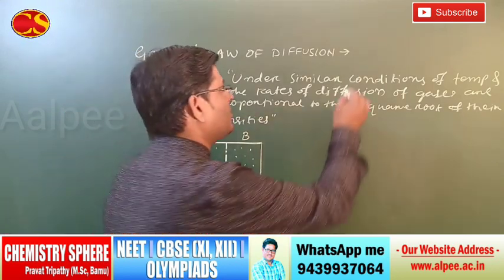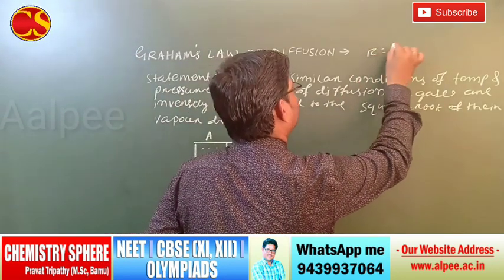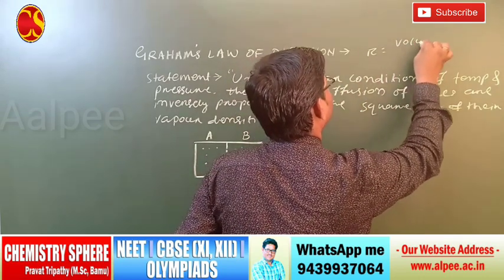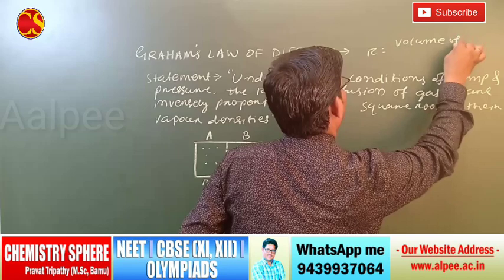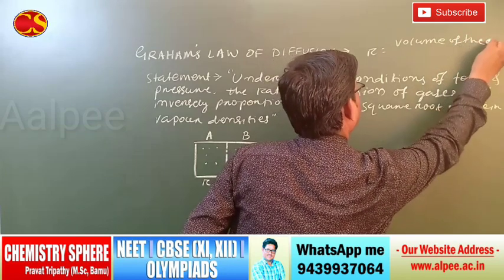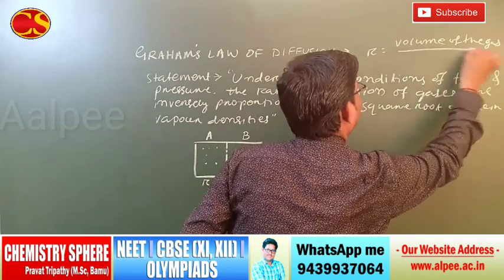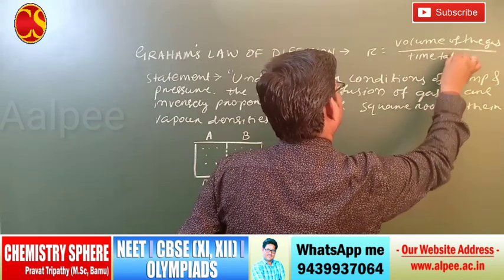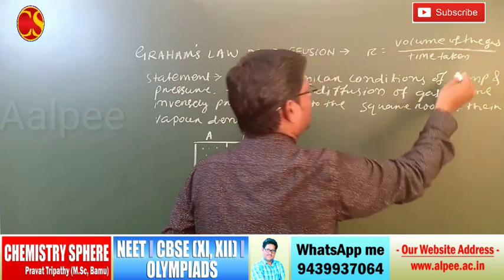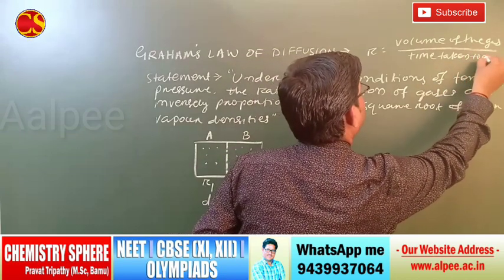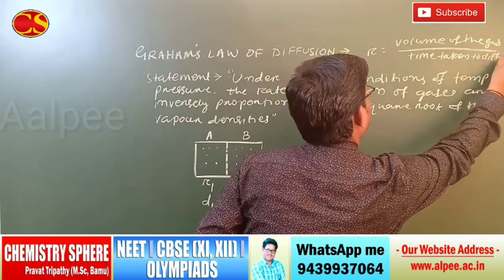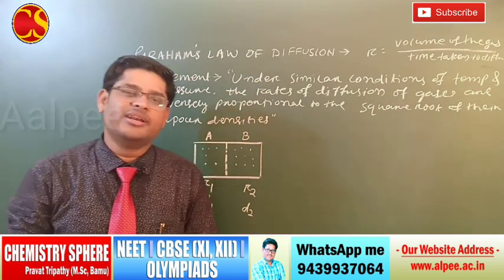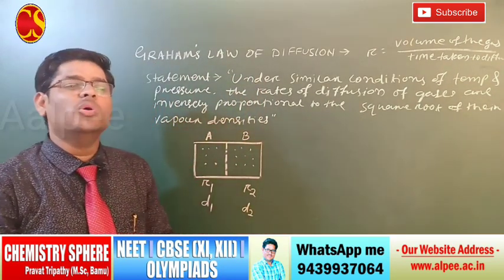Friends, rate of diffusion R is equal to the volume of the gas divided by the time taken to diffuse.